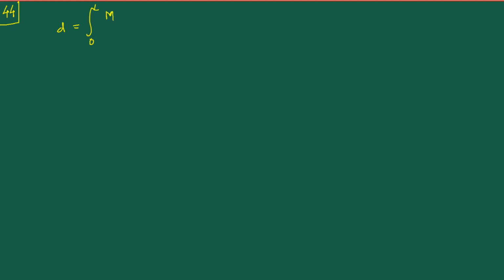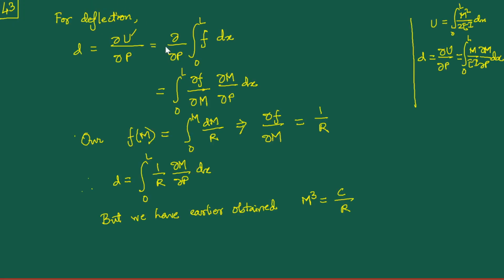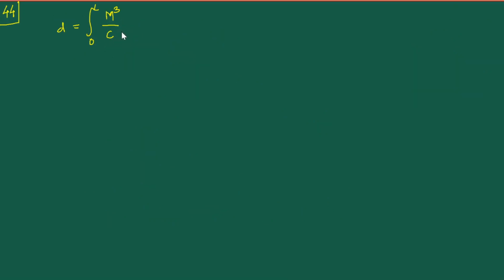So you see, this is 1 by r that we have. What we need is m cube by c. So I'm replacing this 1 by r by m cube by c. That's what I've just done here.